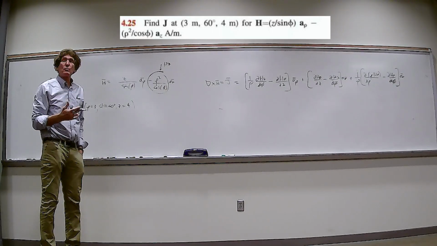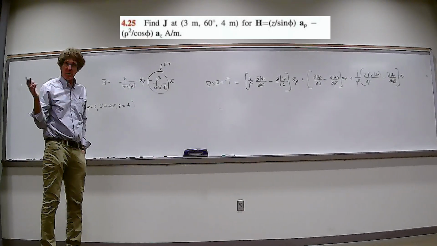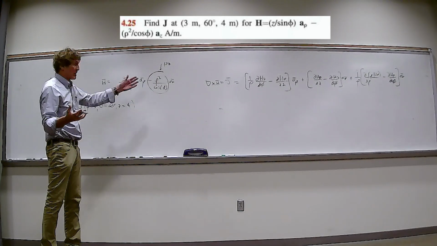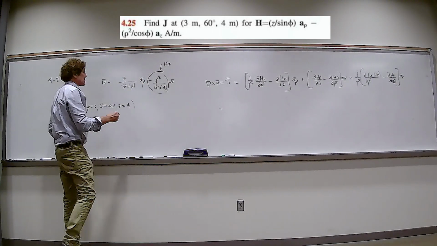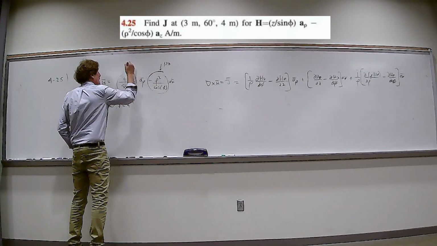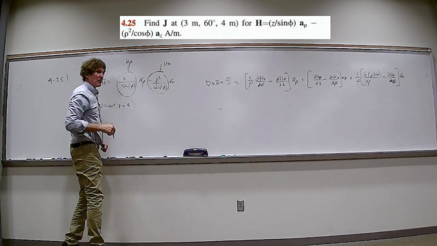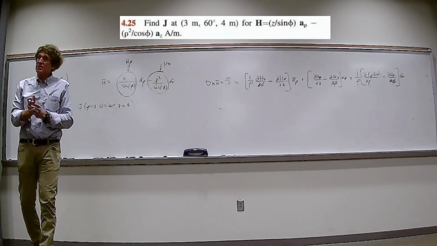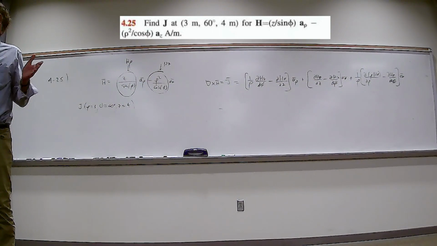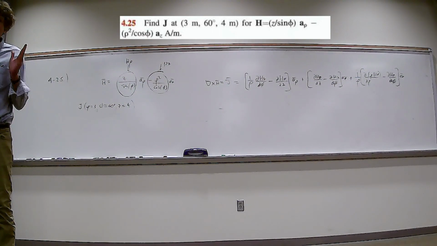Believe it or not, some people will miss this. And this is H rho. It's just the coefficient of the unit vector: H sub rho, H sub Z, or H sub phi if there was one. Are we all clear in this class?